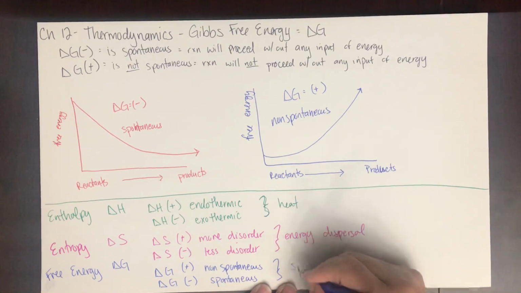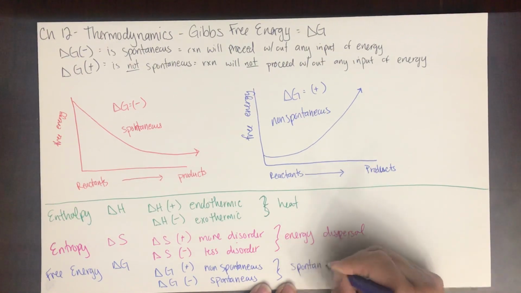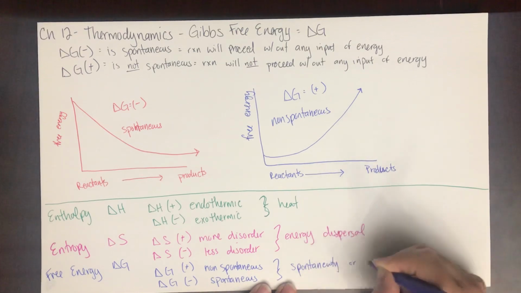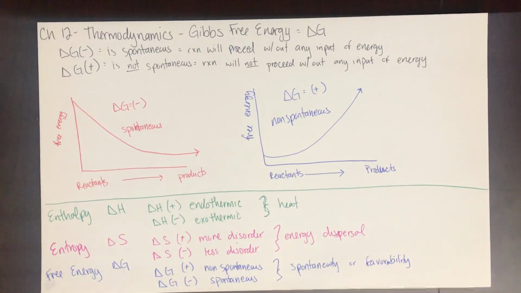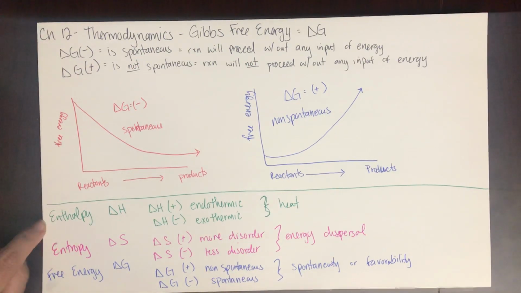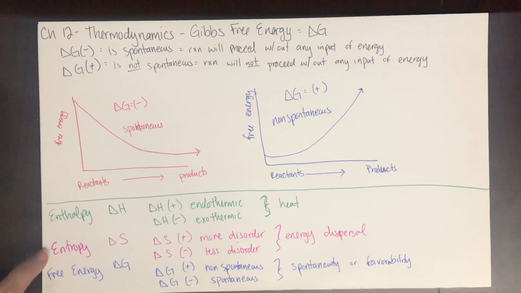It really just has to do with spontaneity or favorability. Will this reaction happen on its own? So these are the three variables that we're talking about in thermodynamics. We talked about enthalpy in chapter 9, heats of reactions. We talked about entropy in the beginning of chapter 12.